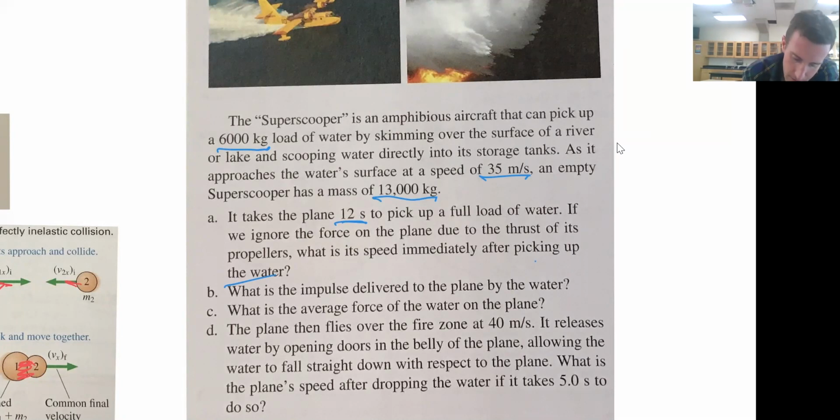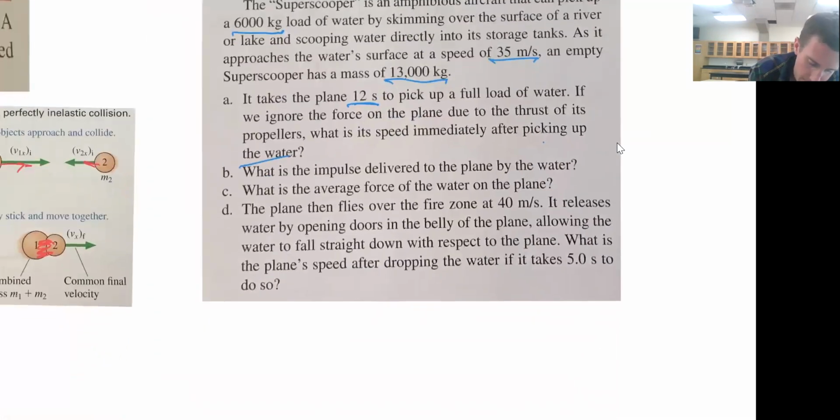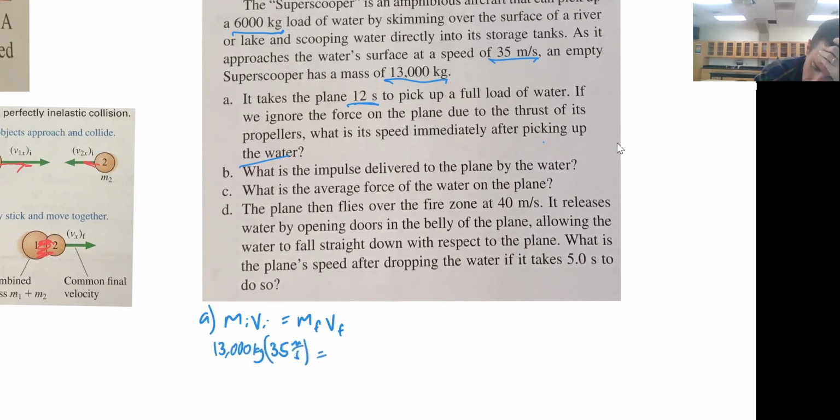Okay, so I'm going to start for part A by saying mass initial times velocity initial equals mass final times velocity final. The initial mass was 13,000 kilograms times the initial velocity, 35 meters per second, equals the final mass, the 13,000 plus the full 6,000, so 19,000 kilograms, times the final velocity.